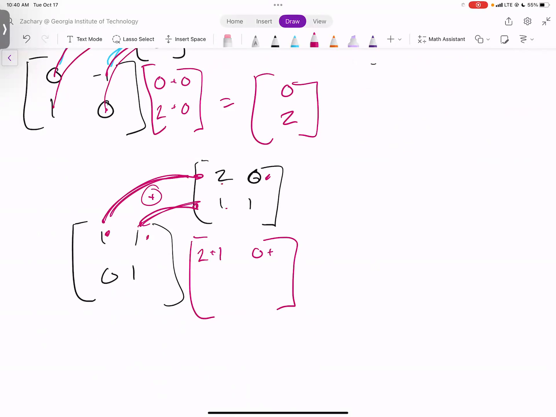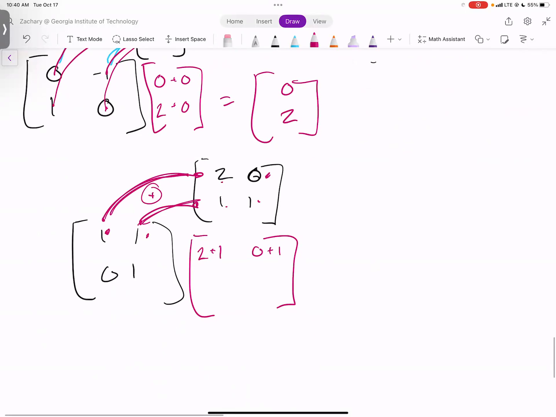Then for my bottom left entry, I'm going to have 0 times 2, which is still just 0, plus 1 times 1, so plus 1. And the same is true there.